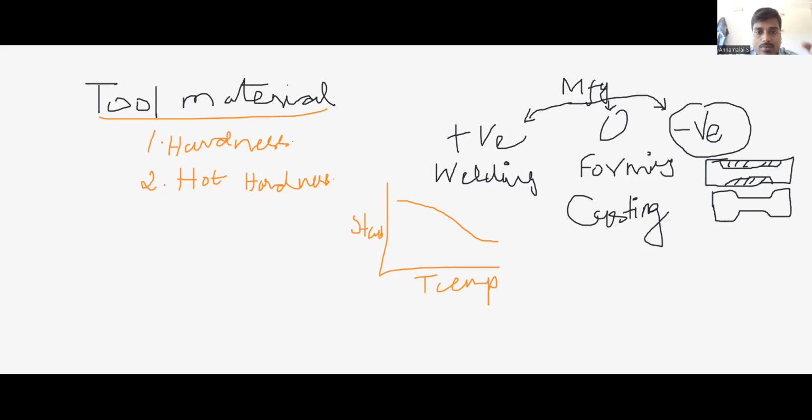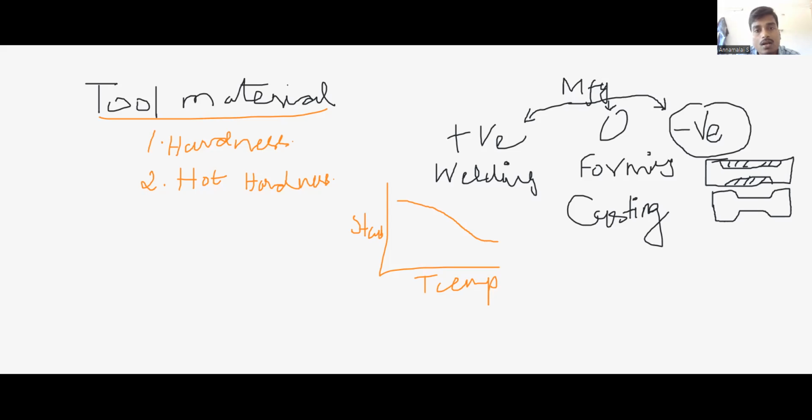For example, at room temperature the material will have high hardness, and if the temperature increases, its hardness value will diminish. During the manufacturing operation, a huge amount of heat will be generated, and the major portion of the heat is carried away by the chip, but another portion of heat will be accumulated in the workpiece and the tool itself.